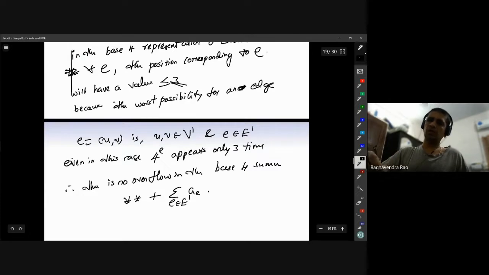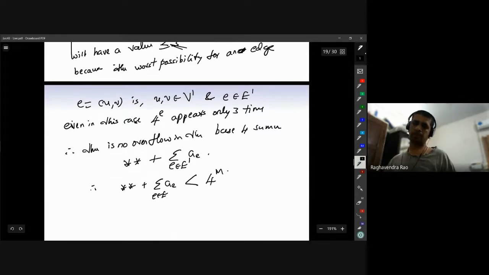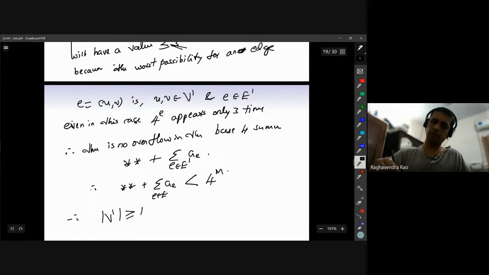Yeah, so if there is no overflow, then star star plus the sum over e in E prime is less than 4 power m. Therefore cardinality of V prime is greater than or equal to k, and hence cardinality of V prime is equal to k.